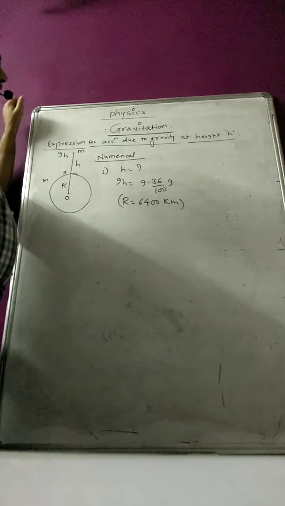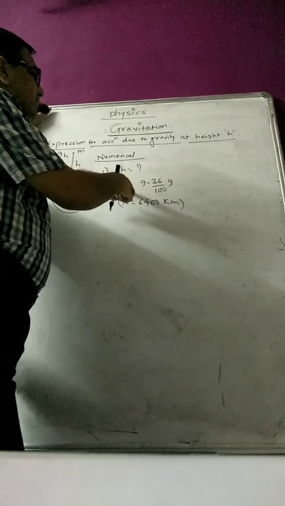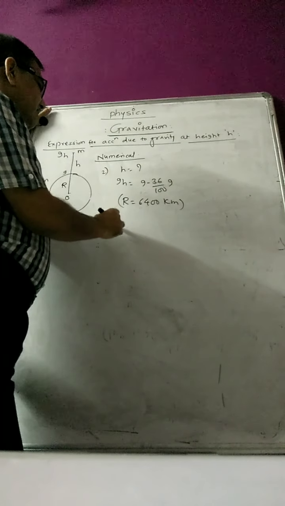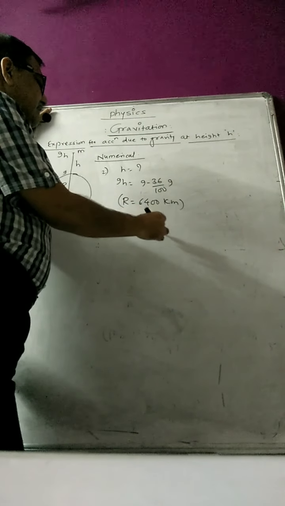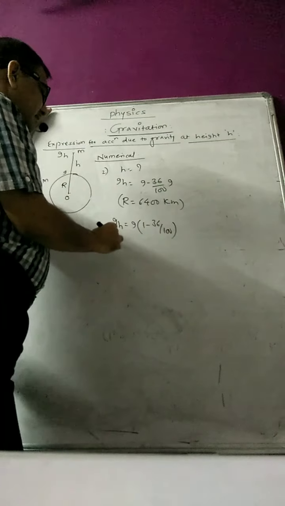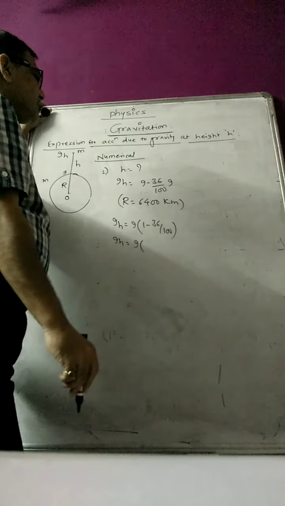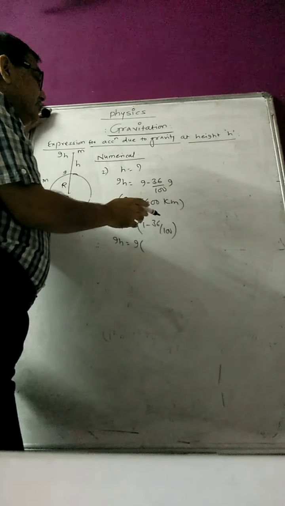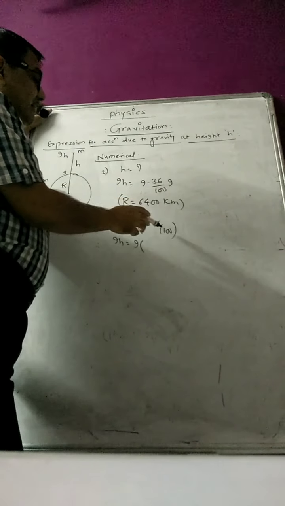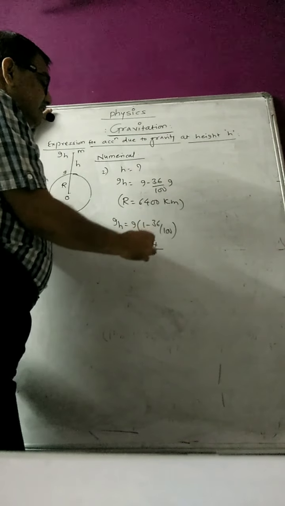So now if I want to find out acceleration due to gravity at a particular height h, okay, so then gh is equal to g, if I take common, 1 minus 36 upon 100. Now 36% is the less at that particular point, means 100 minus 36, that is the 64.